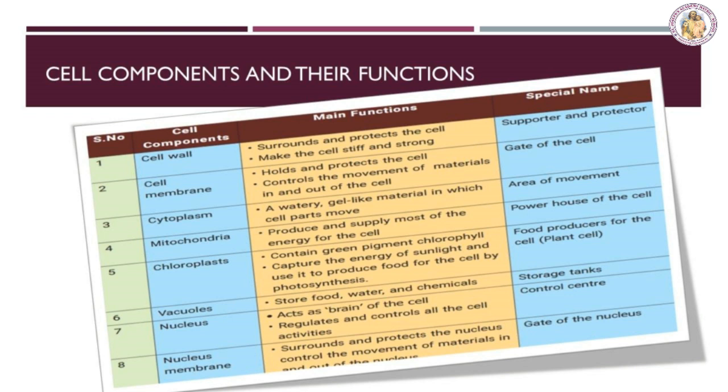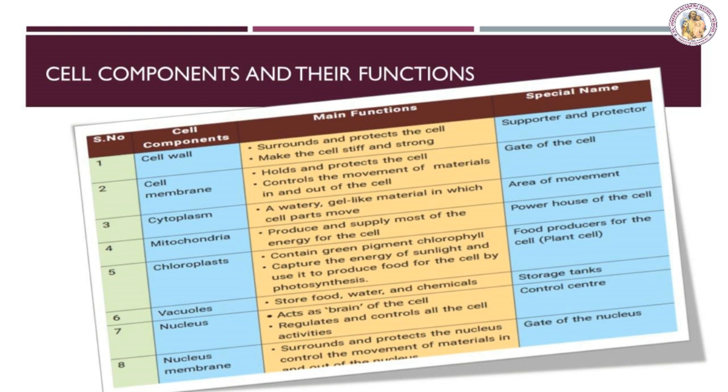The functions of cell wall are: surrounds and protects the cell, makes the cell stiff and strong. The special name of the cell wall is supporter and protector. Next, cell membrane. The function: holds and protects the cell, controls the movement of materials in and out of the cell. So it is called gate of the cell.